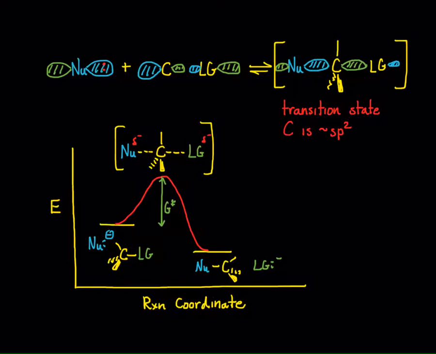And the energy barrier is that activation energy which you have to supply to get to that particular state, right? So now we have a cool little picture of an SN2 mechanism. Nucleophile approaching, leaving group coming off at the same time.